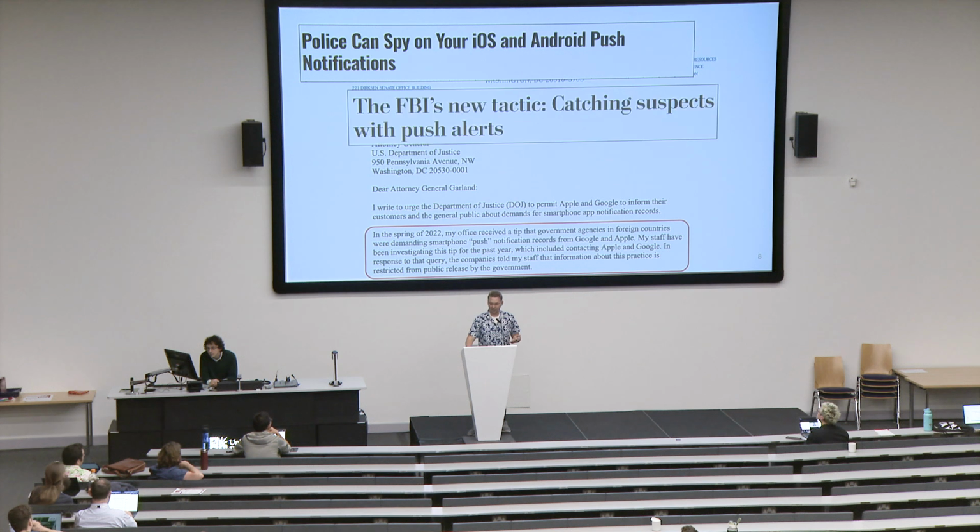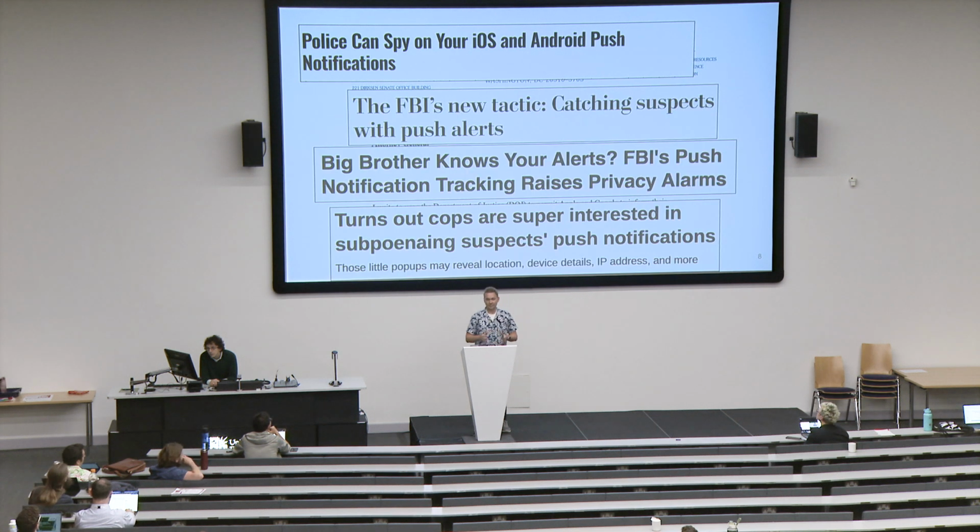Since the publication of this letter, numerous journalists have identified more than 160 search warrants just in the US, going back to 2019, that either request the push tokens from app developers or request information from Google and Apple corresponding to selected push tokens.